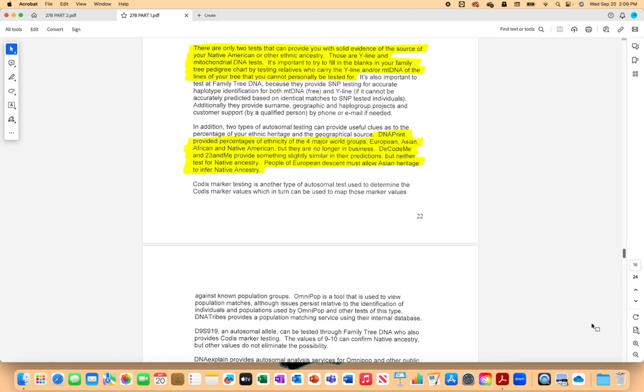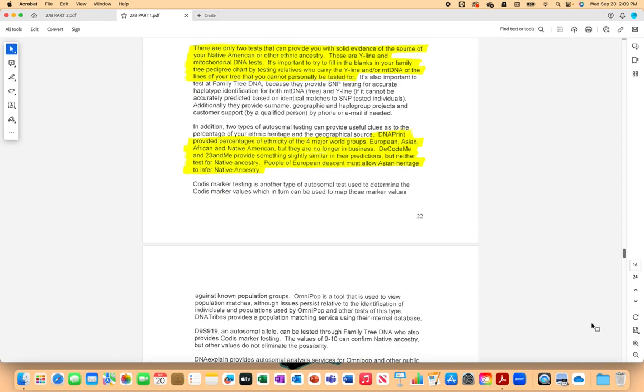If you're American, why would you need to say you're Native American? Wouldn't you just say you're American and then get more specific with your family's name? But they are no longer in business.